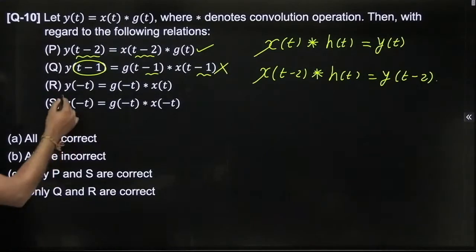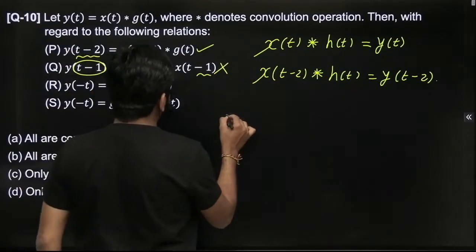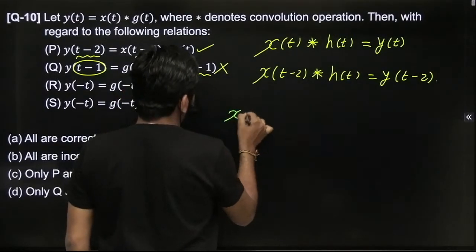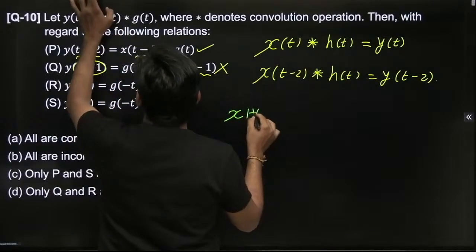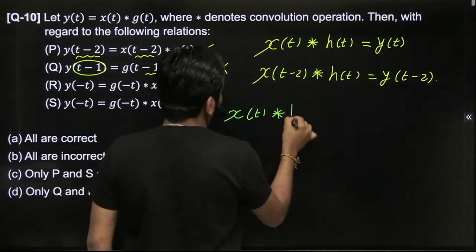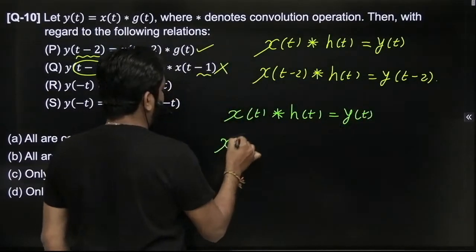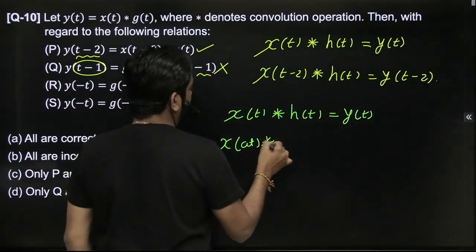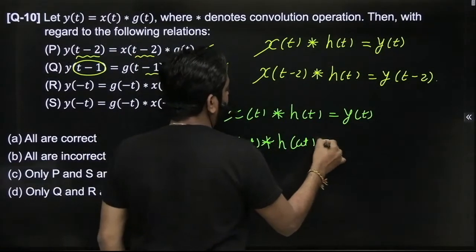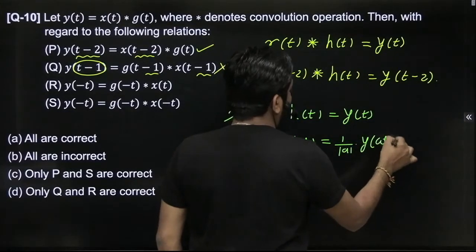Now, y of minus t equal to g of minus t convolved with x of t. Okay, so this is also wrong, guys, because the property is: if x of t convolved with h of t is equal to y of t, then x of at convolved with h of at is equal to 1 upon mod a times y of at, guys.